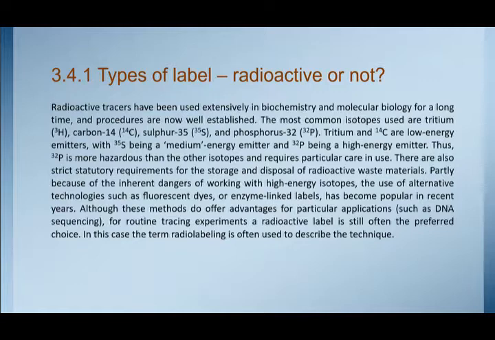Thus, phosphorus is more hazardous than the other isotopes and requires particular care in use. There are also strict statutory requirements for the storage and disposal of radioactive waste materials, partly because of the inherent dangers of working with high energy isotopes.